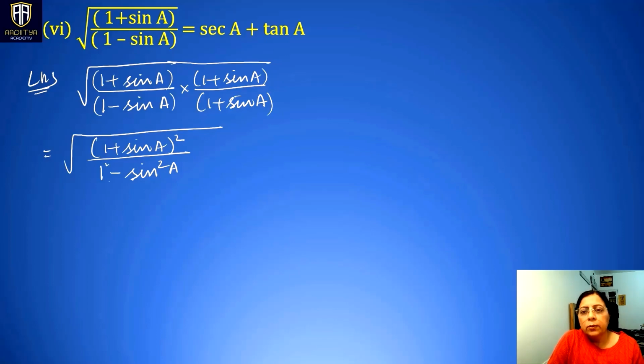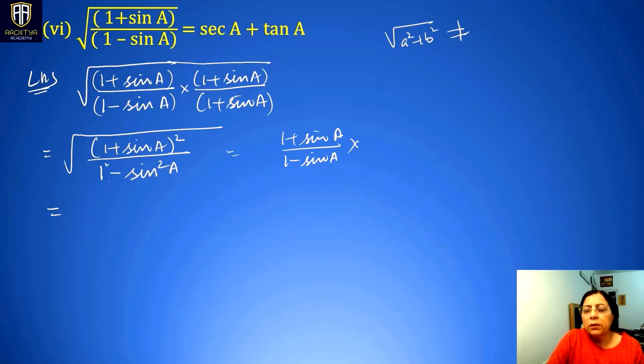Some students simply write 1 plus sine A and 1 minus sine A, which is not good. You should take the square. Square root of A square plus B square cannot be written as A plus B. Only square root of A plus B whole square can be written as A plus B. So please follow these rules.